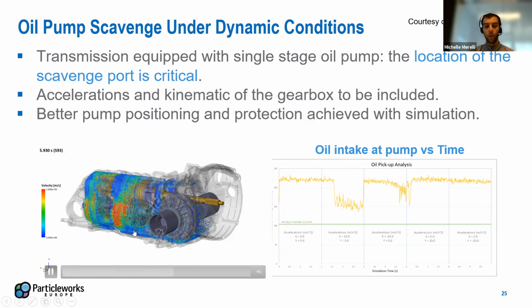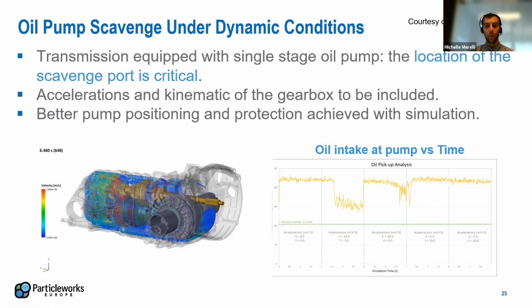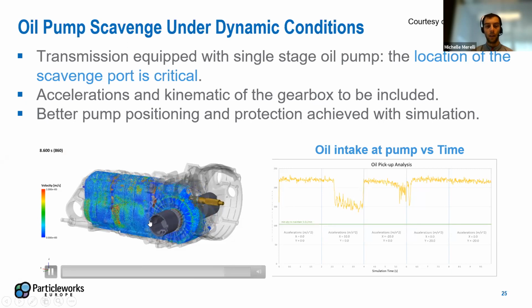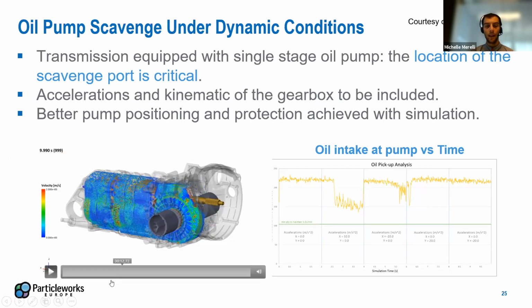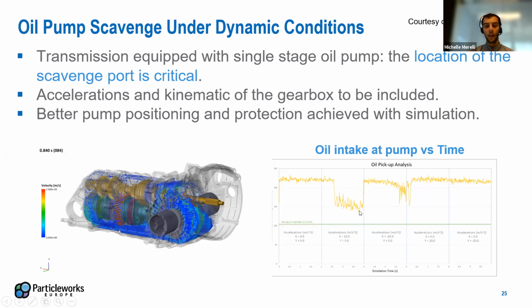But of course, we have to guarantee that the sump is always able to extract oil from the baffle at the bottom. So what we see here, we can clearly see the effect of accelerations on the oil distribution, and on the right we can monitor for different accelerations what is the effect on the flow rate at the pump.